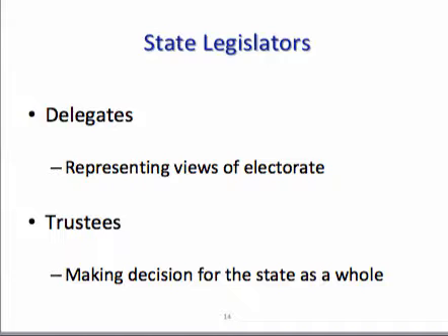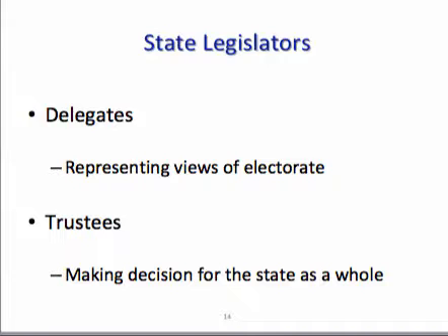State legislators: the contrast between delegates and trustees is sort of a conceptual, philosophical issue. A delegate is someone who sees his or her role as really there just to represent the views of the electorate, whether or not the legislator agrees or disagrees with those views.